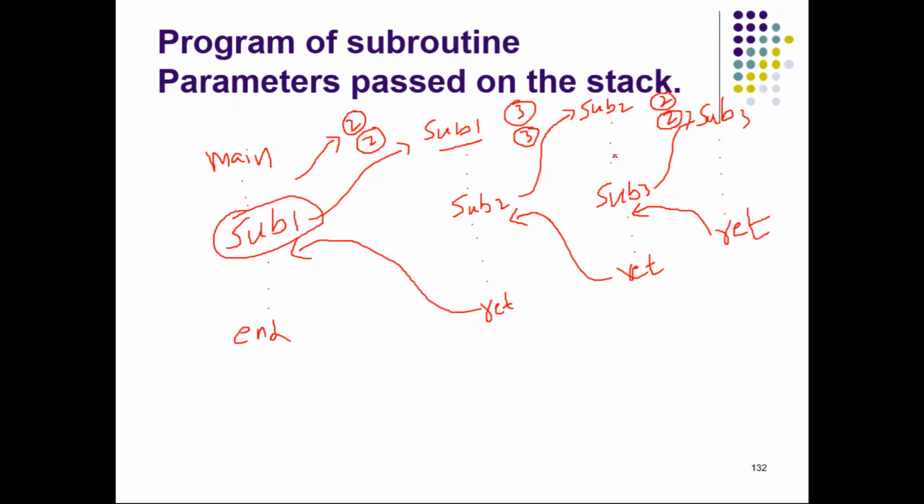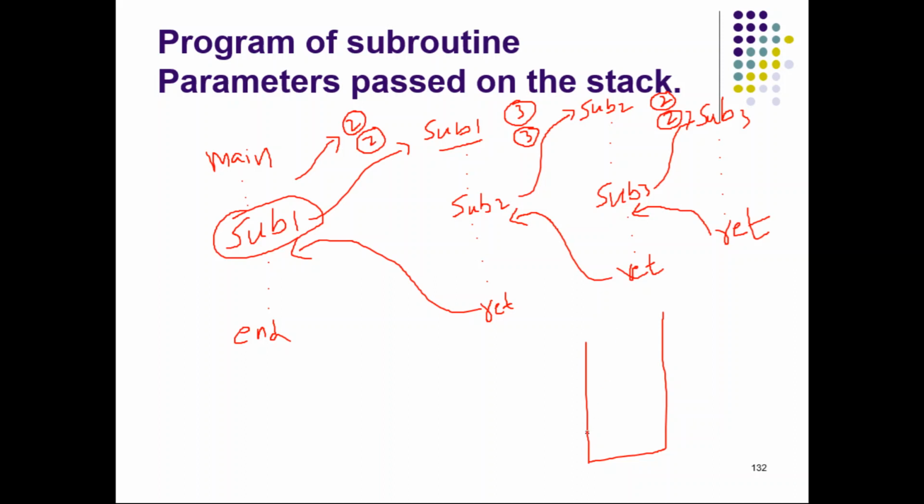Are you getting? As the degree of the nested subroutine call increases, you are going to push more and more entries into the stack. Say for example, here, whatever we have understood: the main program is passing 2 parameters to subroutine 1, and subroutine 1 wants to use 2 registers.